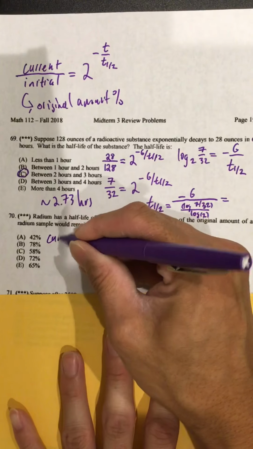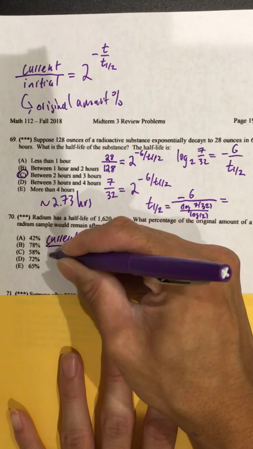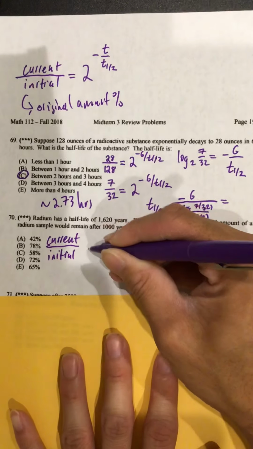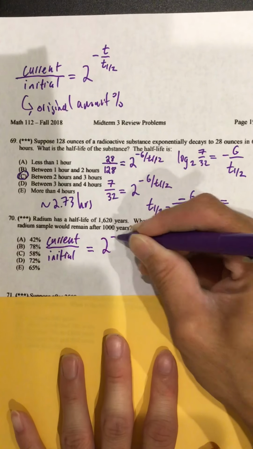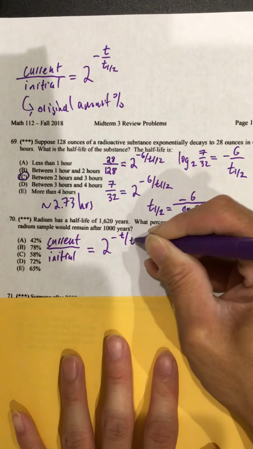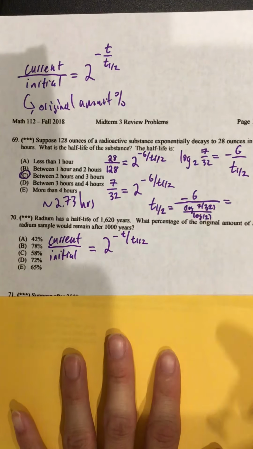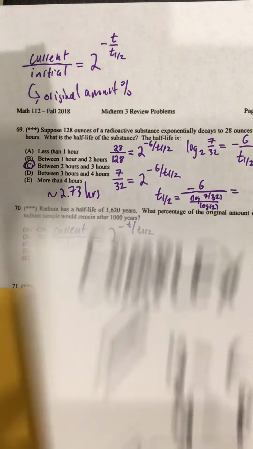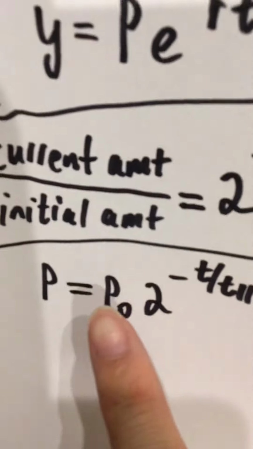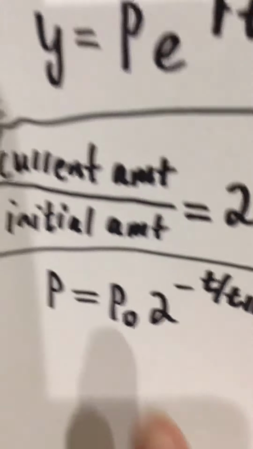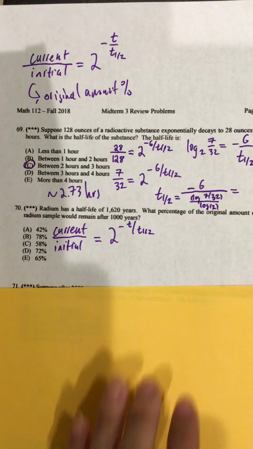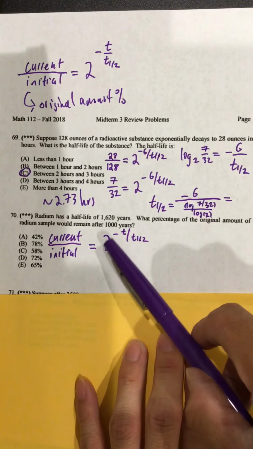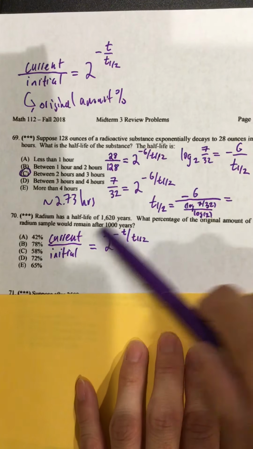I'm going to write current over initial equals 2 to the negative t divided by t sub 1/2. And if we did try using the P naught and the P, like right here, the student might start getting confused because they actually only give us 2 numbers and we have 4 variables right now.